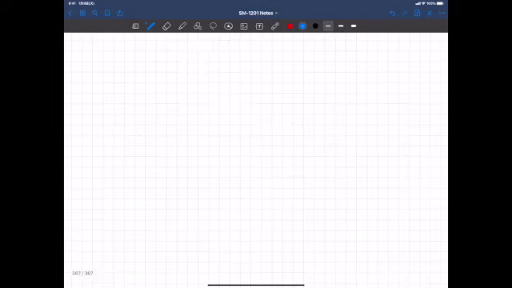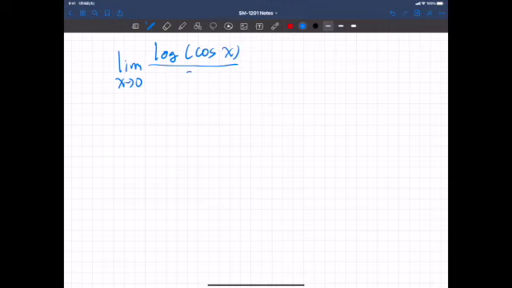As a next example, consider this limit. x approaches 0 of log of cos of x over x squared. Now, cosine x should be positive, so we should really consider x as pretty small, so that it's close enough so that cosine x is positive, because inside the logarithm should be positive, right?